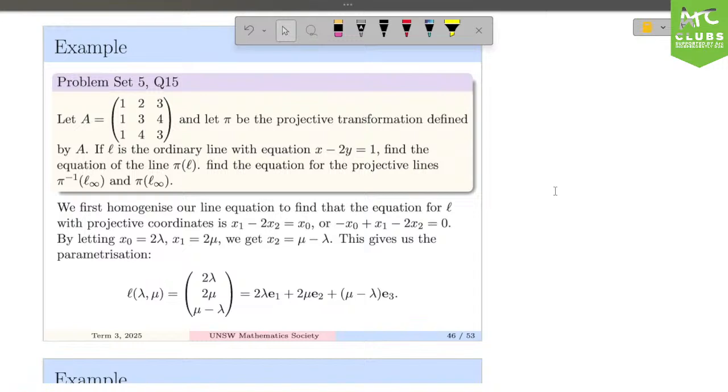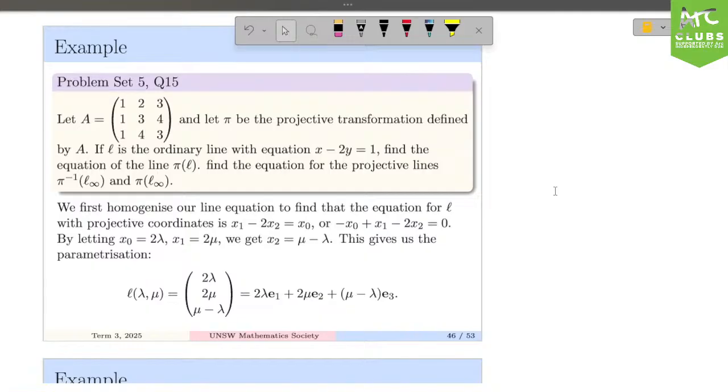So we have x1 minus 2 x2 equals 1, and then in order to have this also be degree 1, we multiply it by x0, and we can parameterize this in terms of two variables we'll call mu and lambda by having x0 equal to lambda, x1 equal to 2 mu, and from that we get x2 is mu minus lambda.